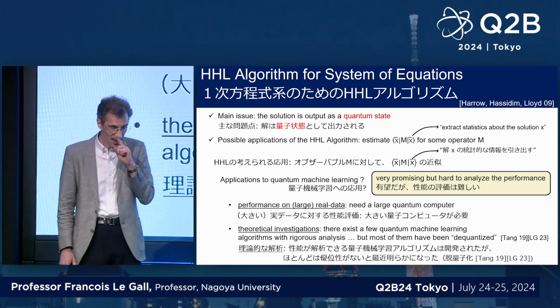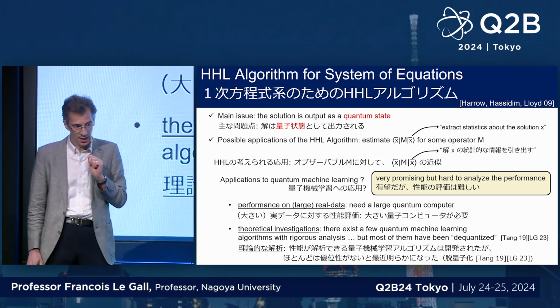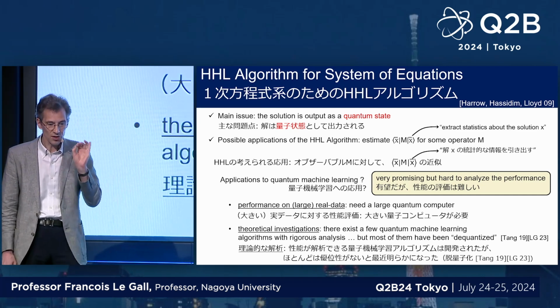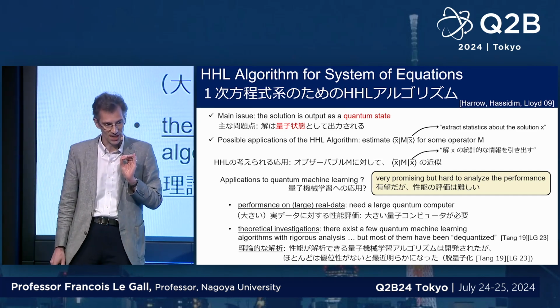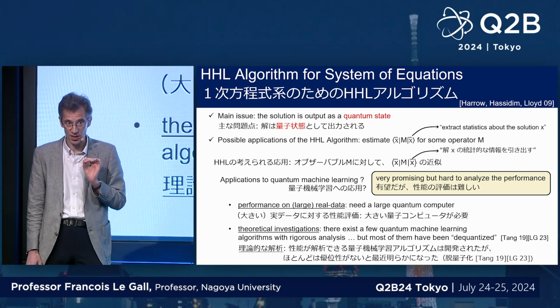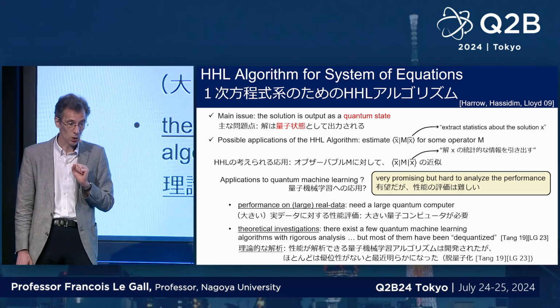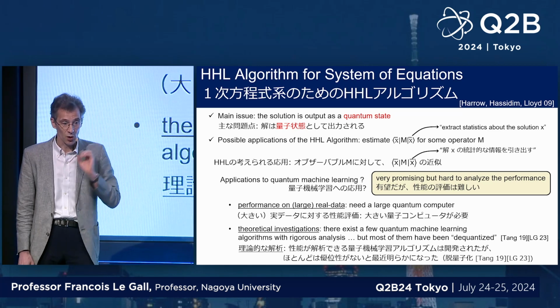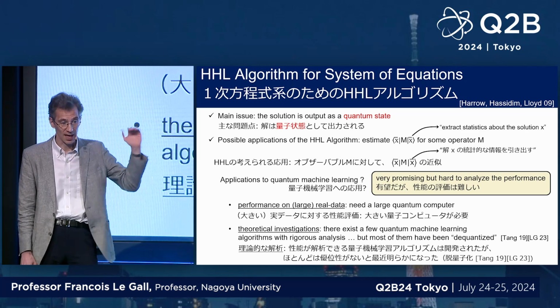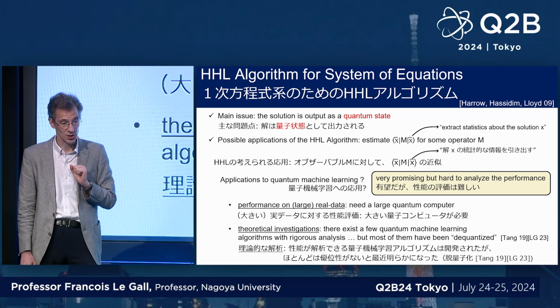There are still some theoretical investigations possible for some specific quantum machine learning algorithms, for example, recommendation systems. There was a quantum algorithm for solving the recommendation system problem faster than the best known classical algorithm at the time it was created.